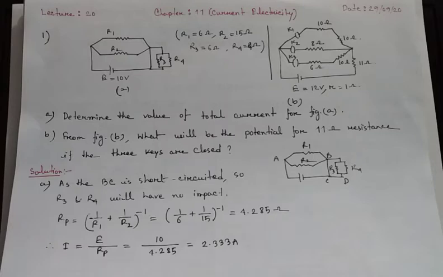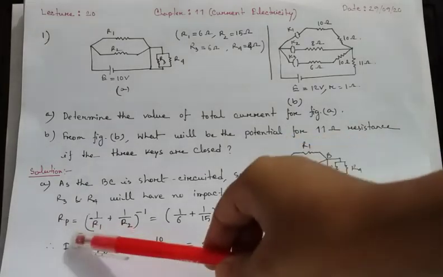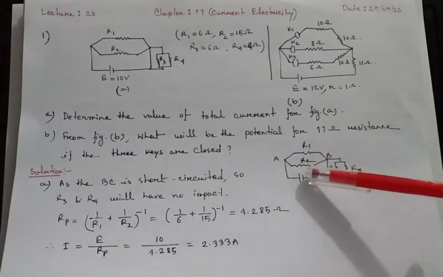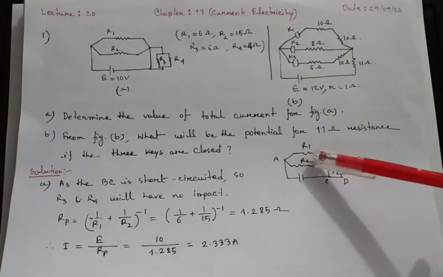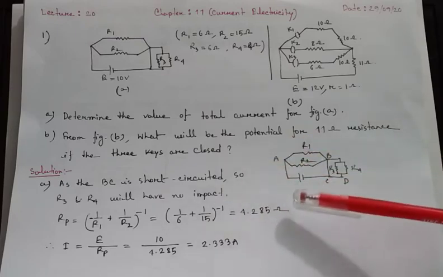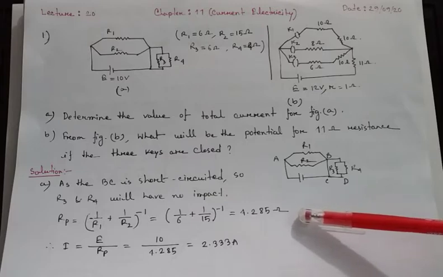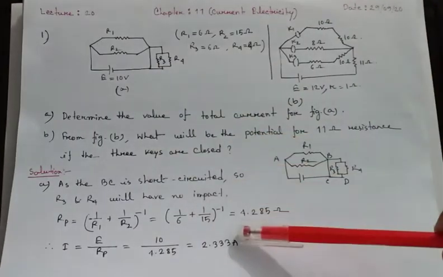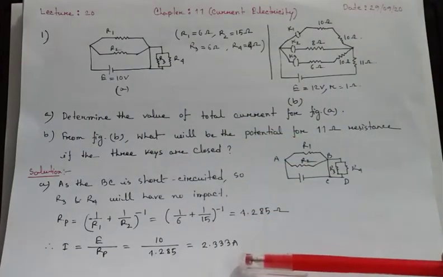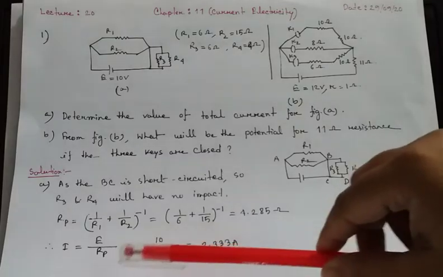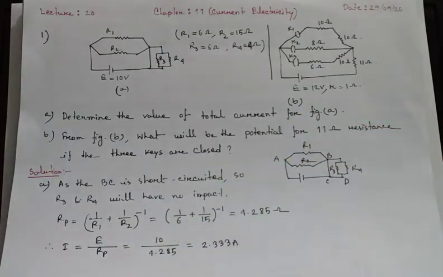Then the equivalent resistance Rp will be just the parallel combination of R1 and R2, and by calculating this we get the equivalent resistance as 4.285 ohm. We know the given potential of the source, so the total current will be E divided by Rp, and that will be 2.333 amps.